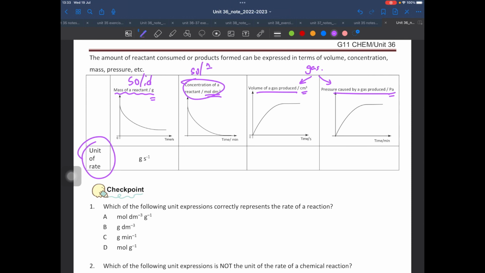So let's write down how we can get the unit of reaction rate. Don't forget the reaction rate is the slope, so just y over x. The first one will be gram per second. All right, please stop the video and complete the rest of the three first before you go further.